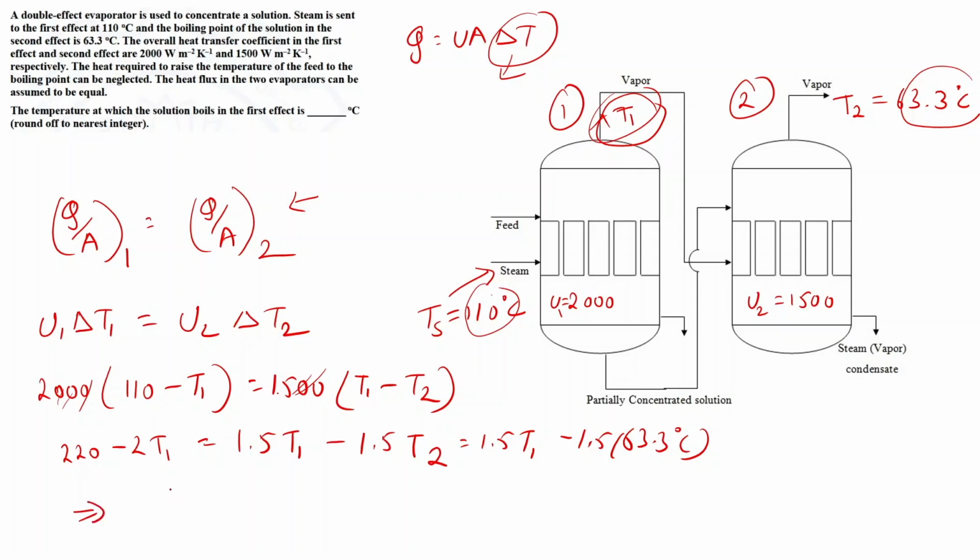Basically, 2 plus 1.5 is 3.5 T1 is equal to 220 plus 1.5 into 63.3, which is 94.95.